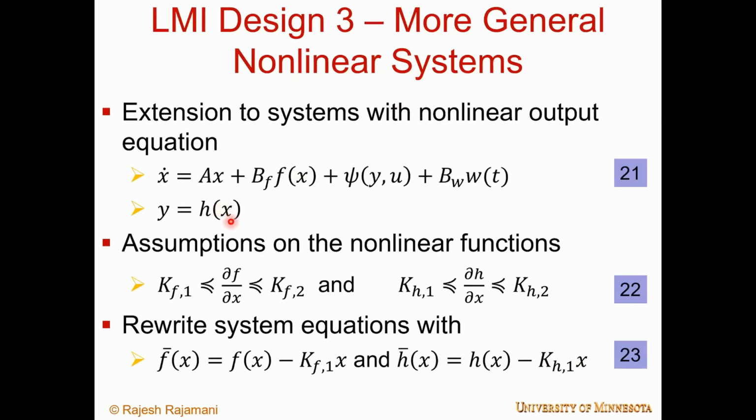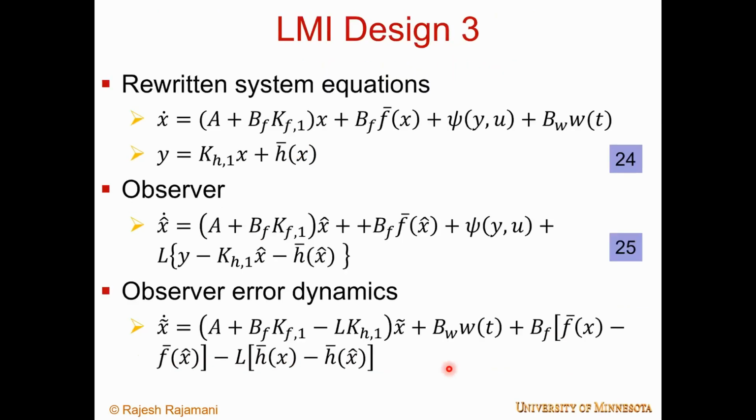Then it turns out that by defining these new nonlinear functions, your derivations become easier. So I won't go through the algebra too much, but I'll just show you the final result.